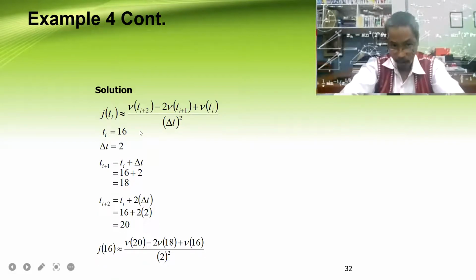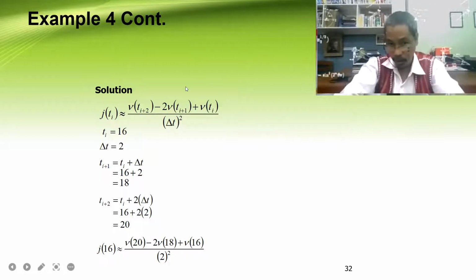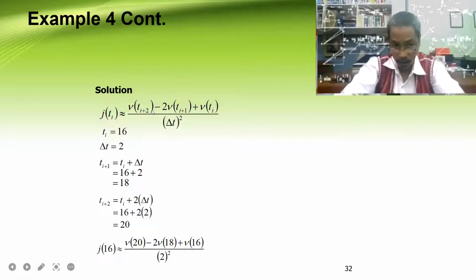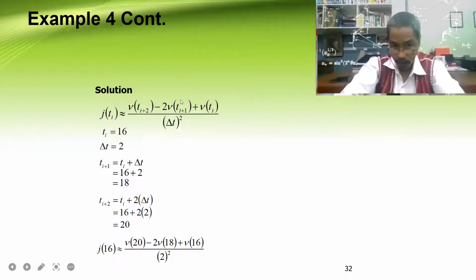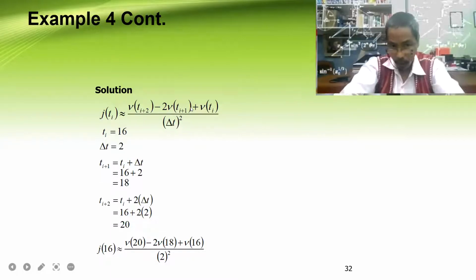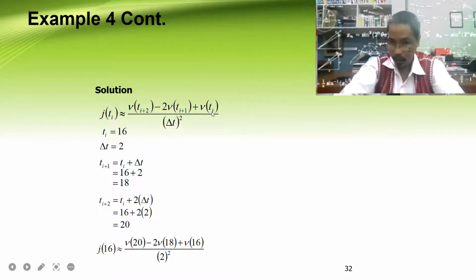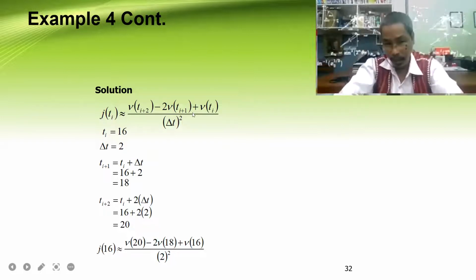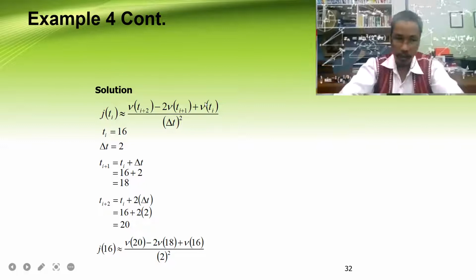We already know that this approximation is equal to this one. There are 3 terms. That is velocity at t i plus 2 minus 2 times velocity at t i plus 1 plus v of t i, divided by delta t squared.